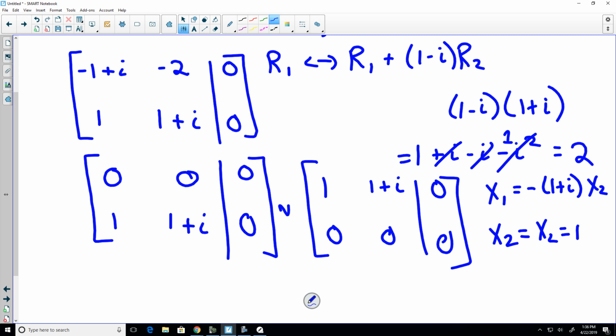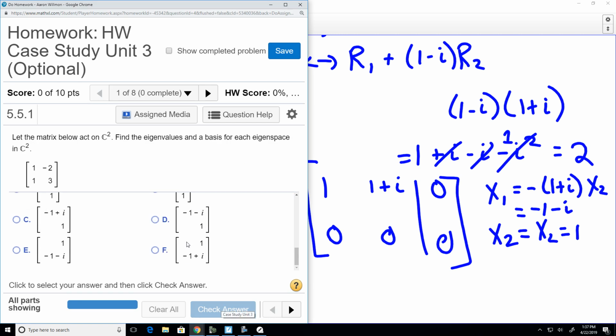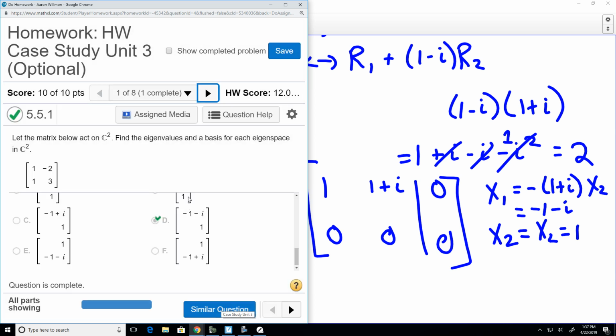So what will this be? That'll be 1, and then we multiply the negative, so it'll be negative 1 minus i. And that looks like D. Okay.